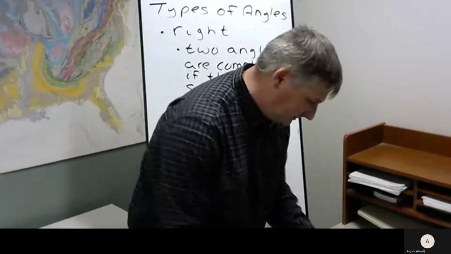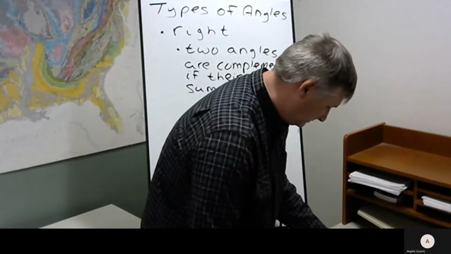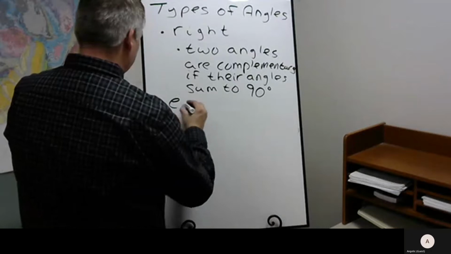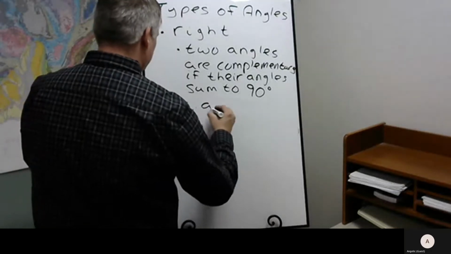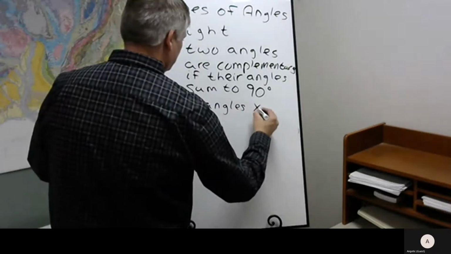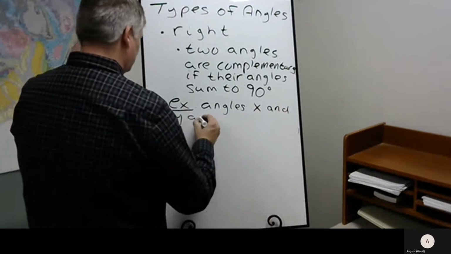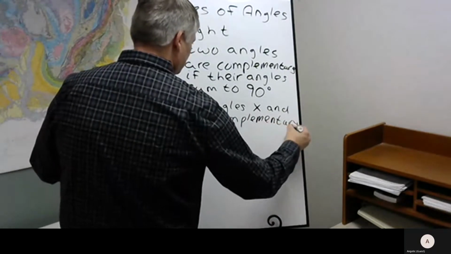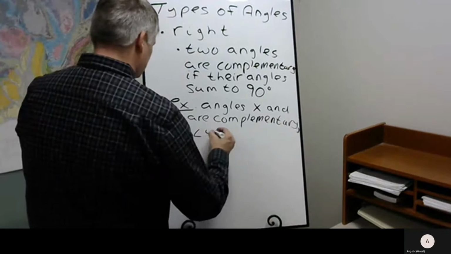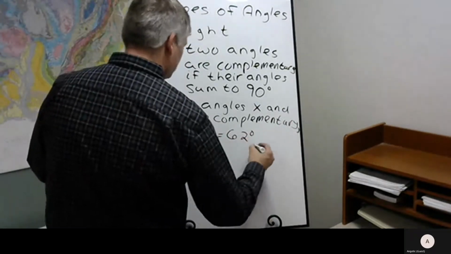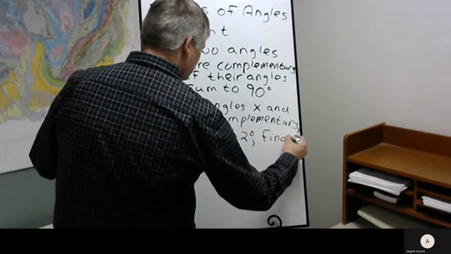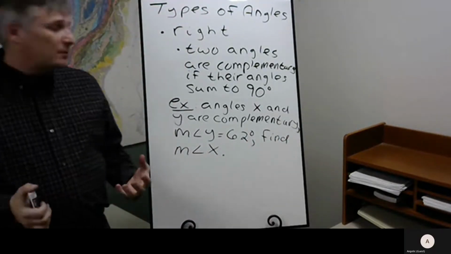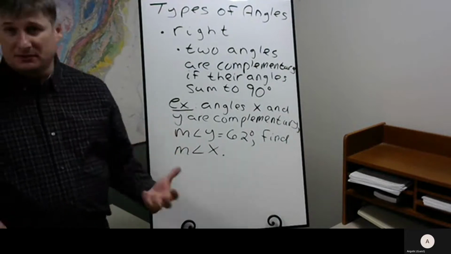So let me do an example. So angles x and y are complementary, but the measure of angle y is 62 degrees.